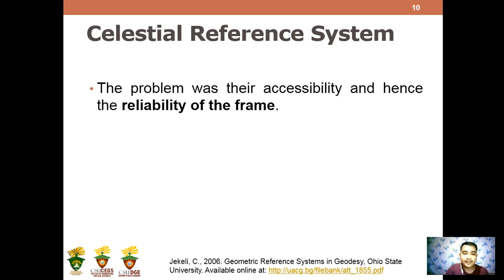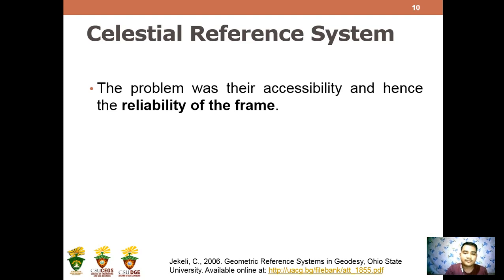Another problem was its accessibility and hence the reliability of the frame. It was just a hint for them; they could locate, but the next question is how reliable that is.